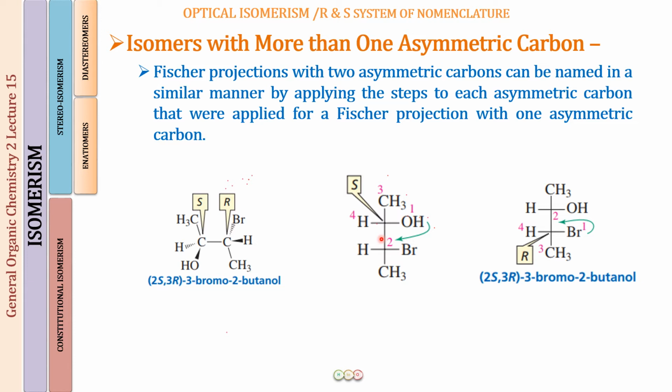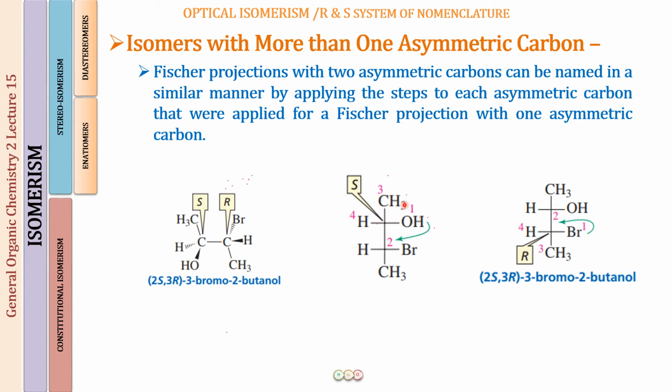Okay, so a better representation would be to convert a wedge and dash representation first into the sawhorse projection, which you have not learned till now, and then the sawhorse into the Fischer projection. I'm going to devote a complete lecture to drawing the 4 projections and converting one into the other, because that is going to be very important.